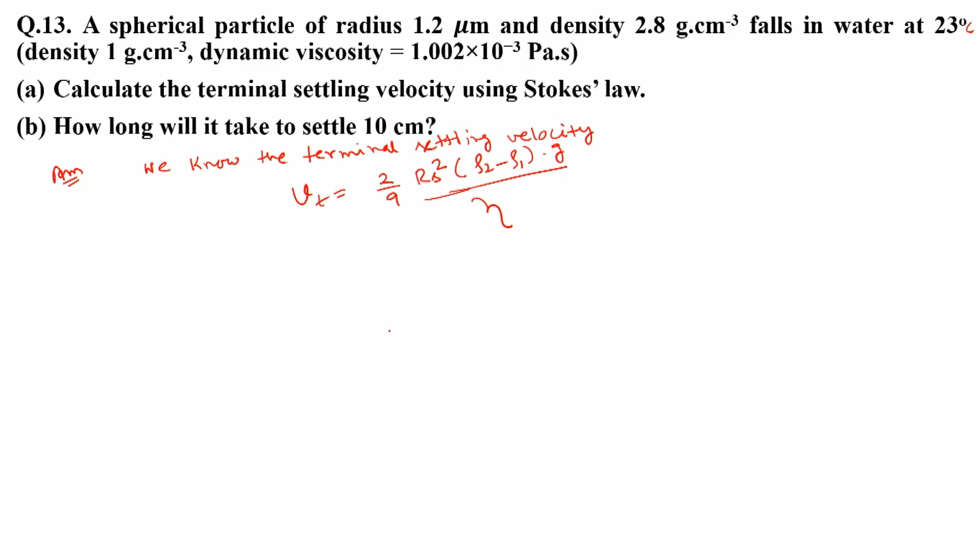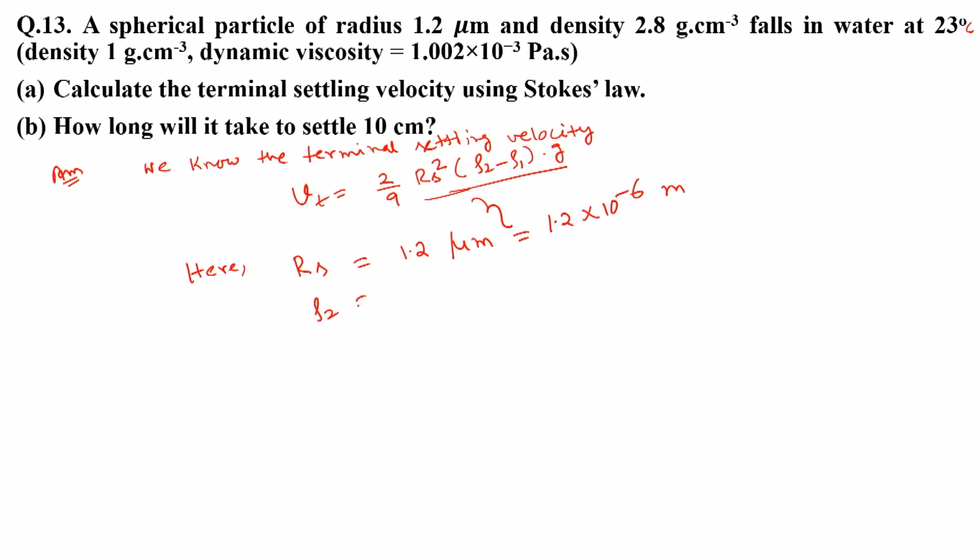So here Rs is 1.2 micrometer, so we can convert into meter. So we will use SI units here. So we get 1.2 times 10 to the minus 6 meter, Rs.